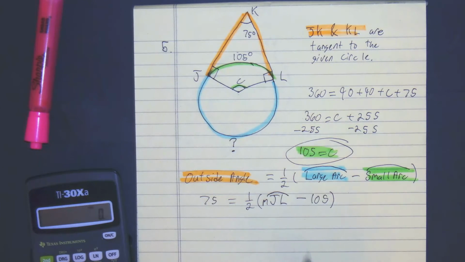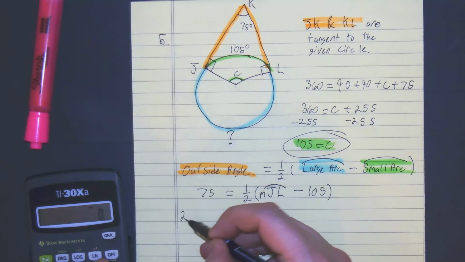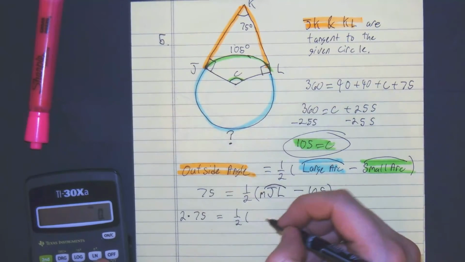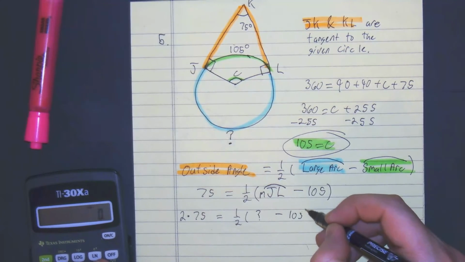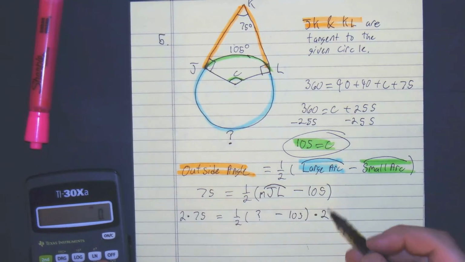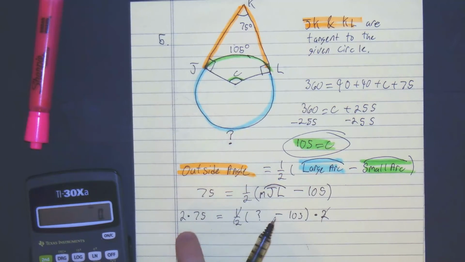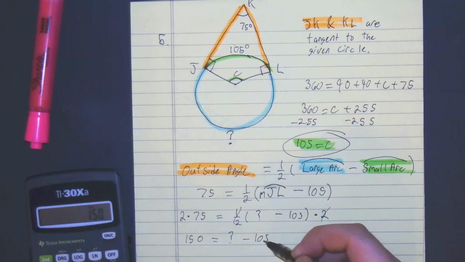So I'm going to do the inverse of division, which is multiplication. I want to multiply both sides by 2. The 2 cancels with the half because 2 divided by 2 is 1. And then 2 times 75 should be 150. So you get 150 is equal to question mark minus 105.